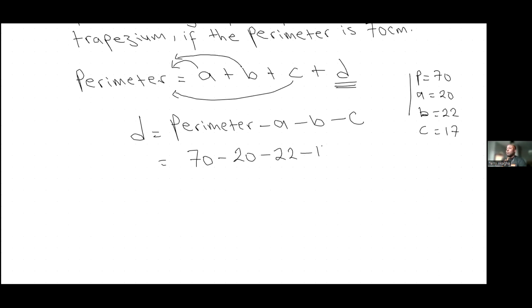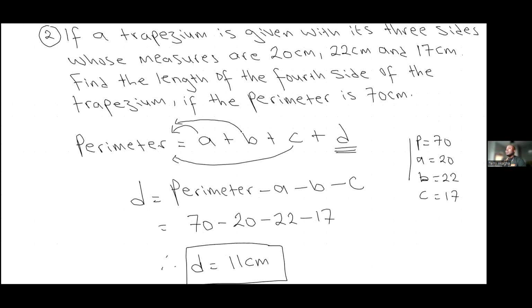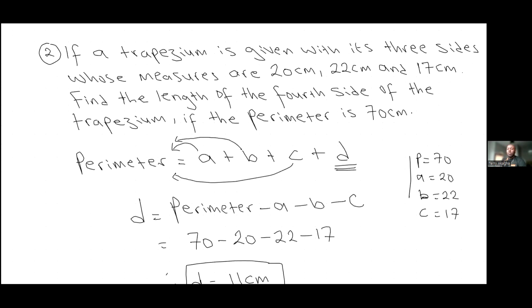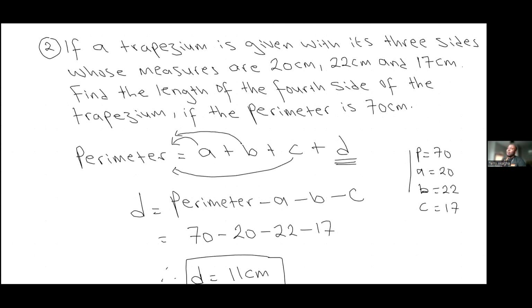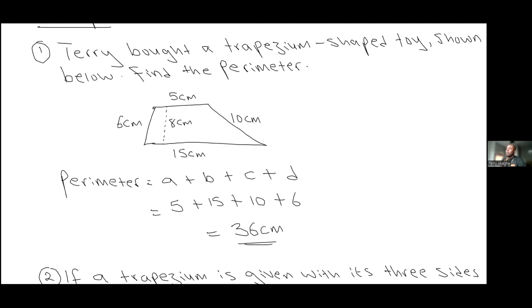So the fourth side should be, when you press this in your calculator, 11 centimeter. So the fourth side of this trapezium should be 11 centimeter. Good. And that is how you find the perimeter of a trapezium.